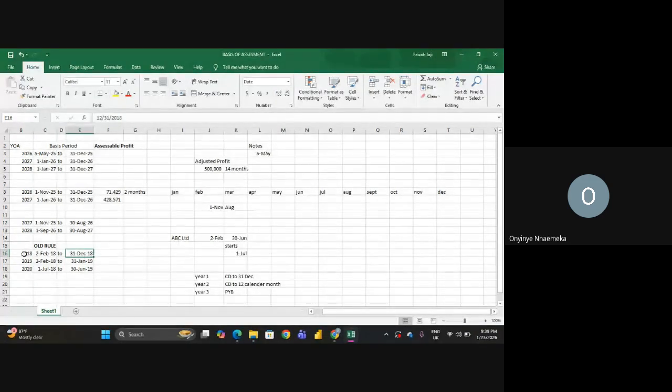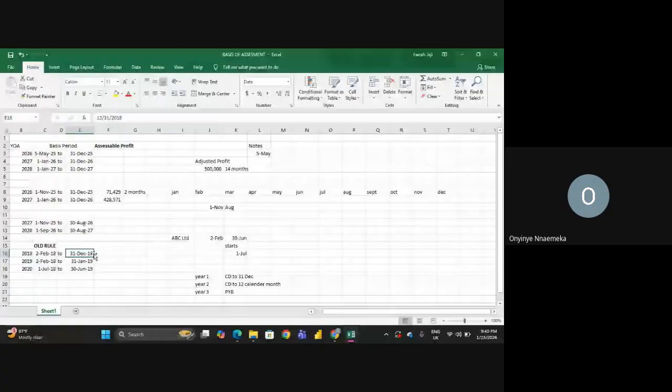The only one that will be affected is year 3, because year 3 follows the preceding year basis. So from date of commencement to 31st December of that year, that's for 2018.